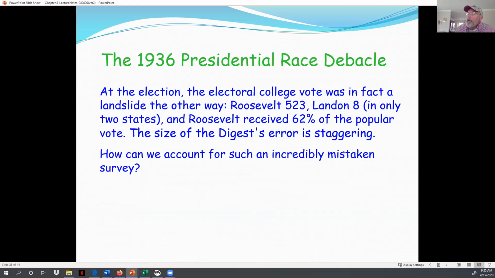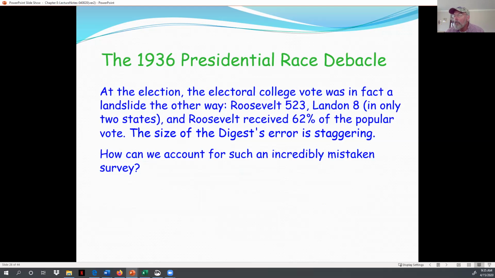Okay, so what happened in that election? Well, it wasn't that Landon won. Roosevelt won. Actually, he won 523 college election districts, and he won the popular vote by 62%.